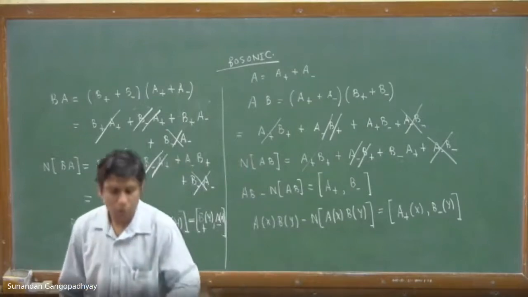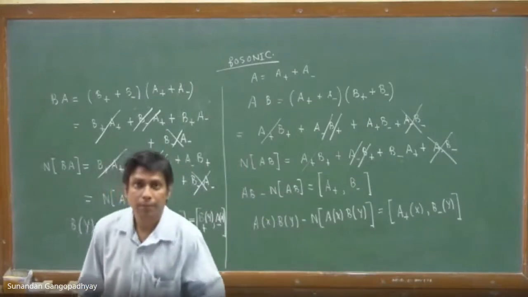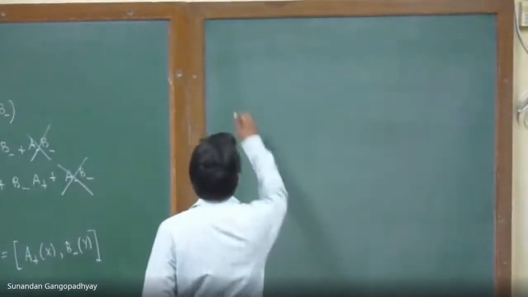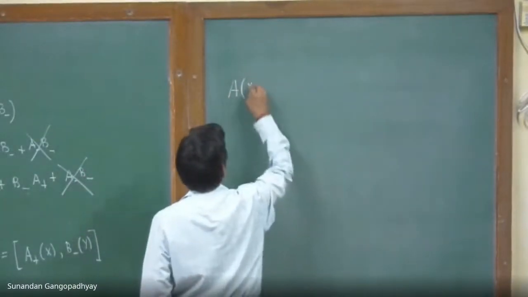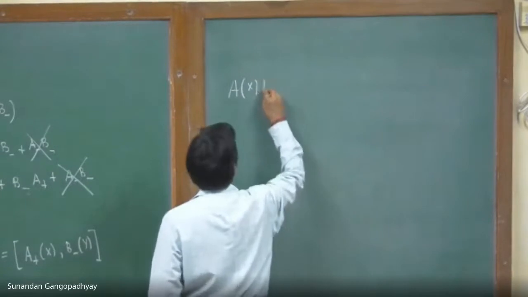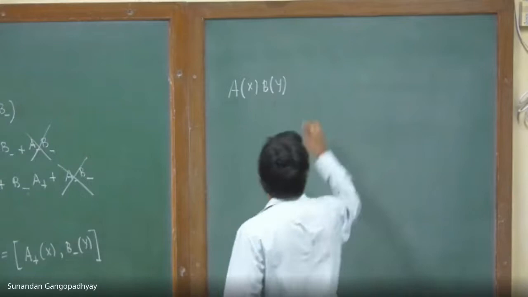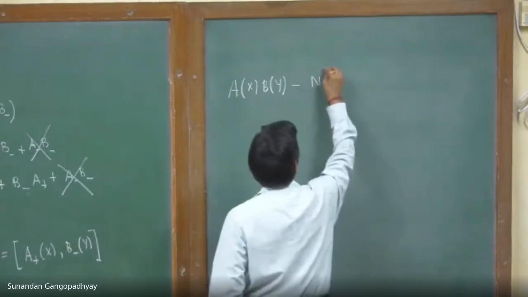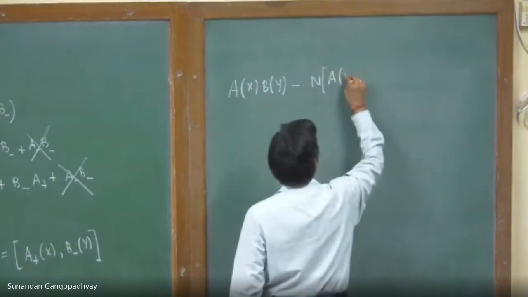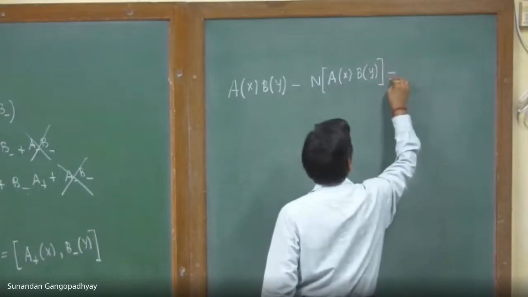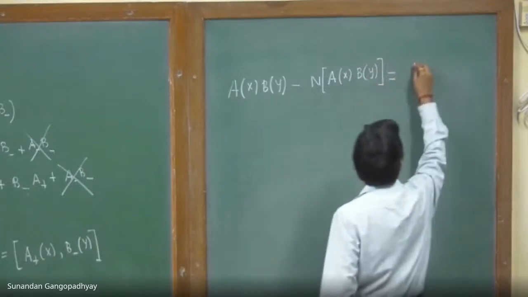So let me write it here. We have Ax By minus N Ax By, that is equal to A plus x B minus y commutator.